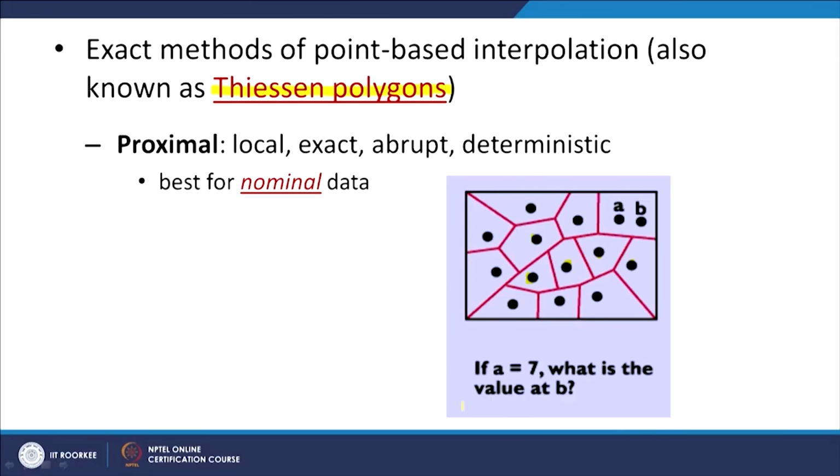But it is proximal, that means it is local, exact, abrupt and deterministic. Abrupt why? Because here you have a very sharp boundary against each polygon. And if you have nominal data, generally in the form of some numeric value, then you can use the Thyssen polygon. On other data sets also, but nowadays it is not common at all.